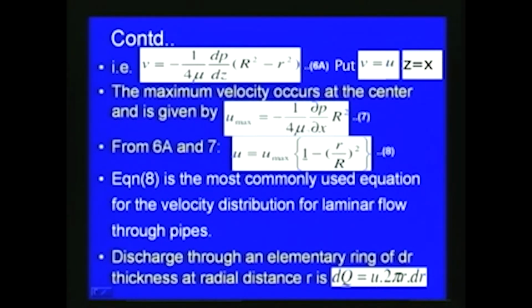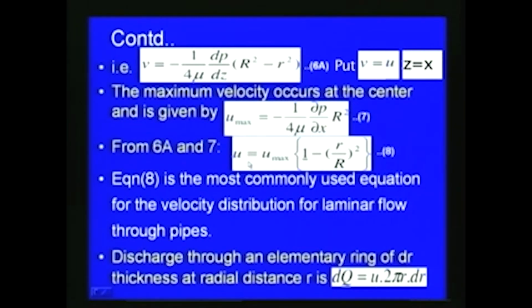So, if you use equation number 6a and 7, here we assume the longitudinal direction, coming back in this direction. So, we can write the velocity variation u in terms of the maximum velocity, u is equal to u max into 1 minus (r by R) whole square, as in equation number 8.